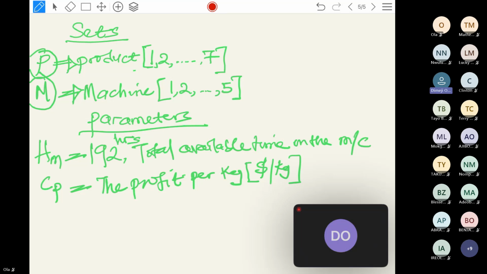So I have CP here. It means that this C is indexed in P. Can somebody tell us what that means? Anybody?